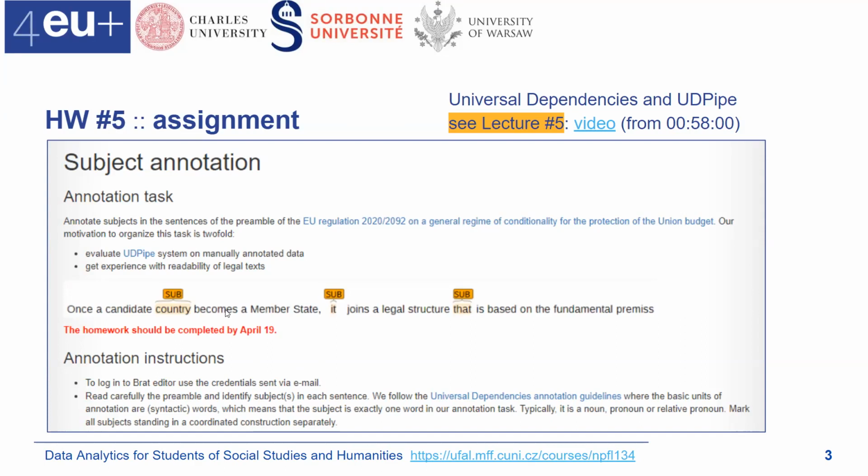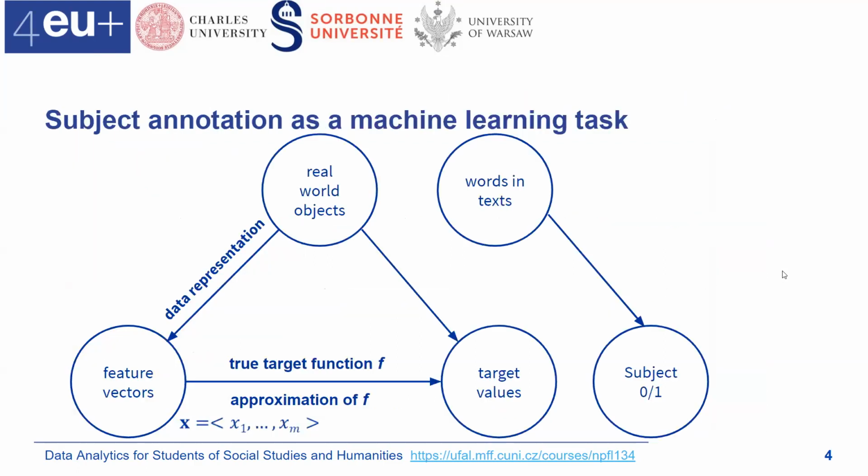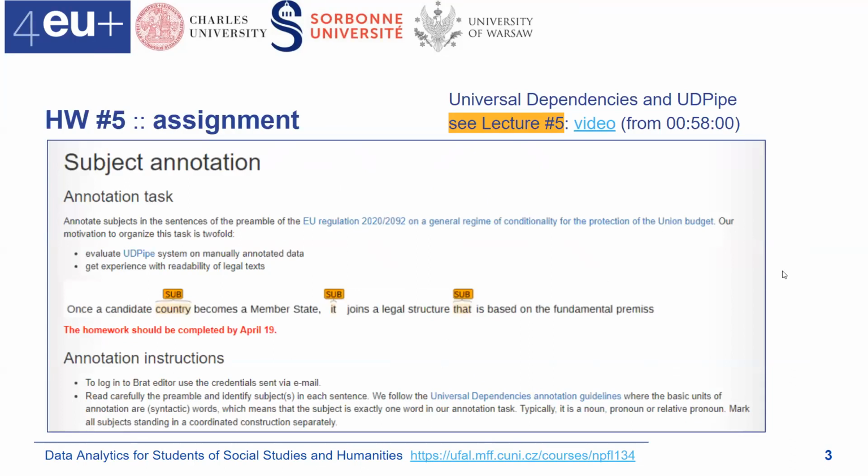Oh, I'm very sorry for this noise. I hope that they will finish it very soon. So in this sentence, we can see the noun country as a subject, the pronoun it, and the pronoun that. So this is just a reminder of what your annotation task was.